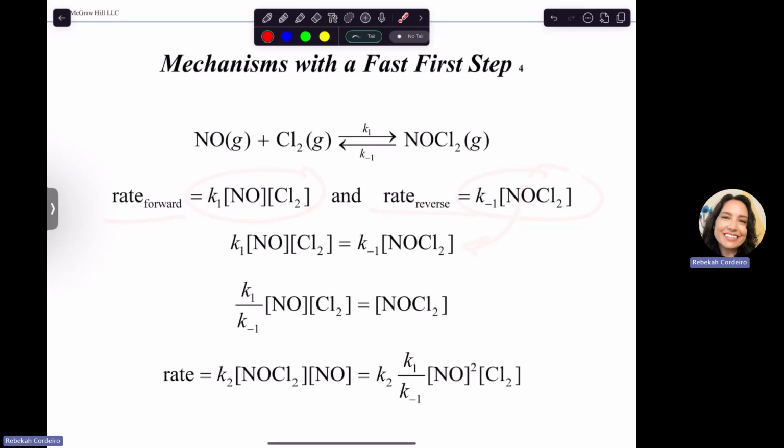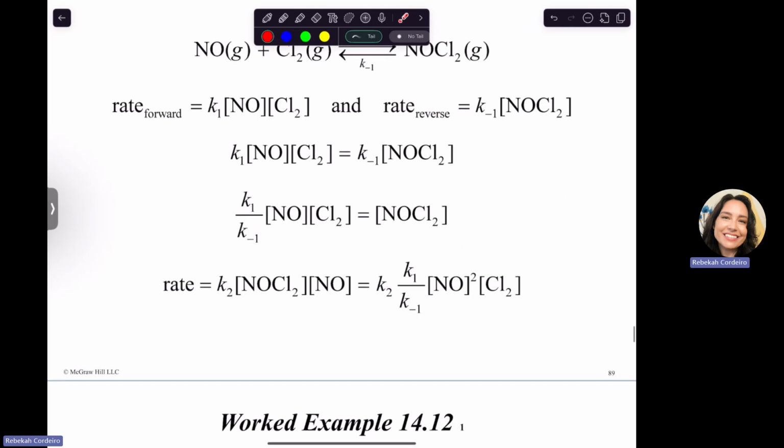Then if I simplify and combine my rate constants here, we can isolate the NOCl2. And so remember our previous one, and we'll do this in class again.